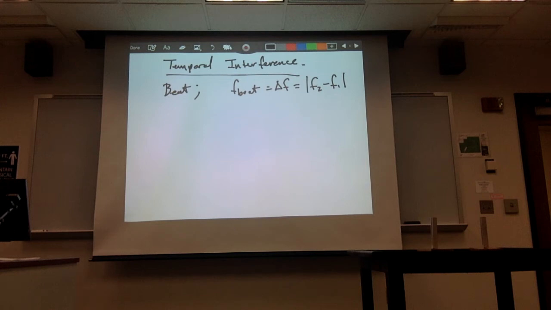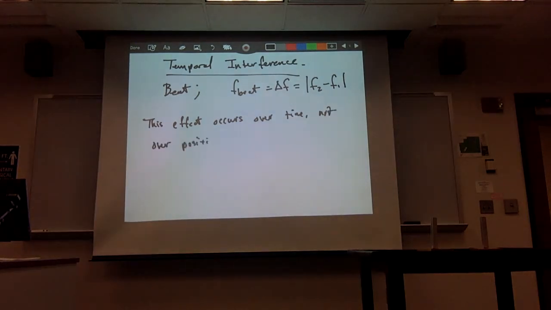Again, this thing occurs over time, not over position. Which basically means that here I don't have to move from one location to another location. I sit still in the same location, but I have to hear it over time.